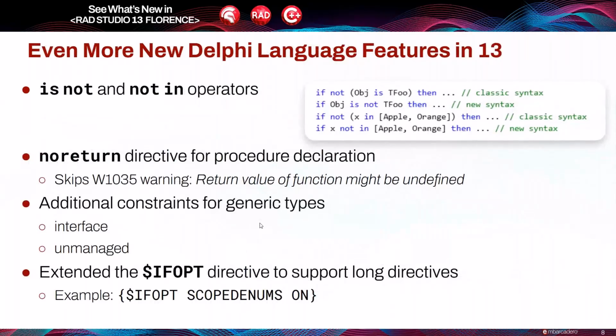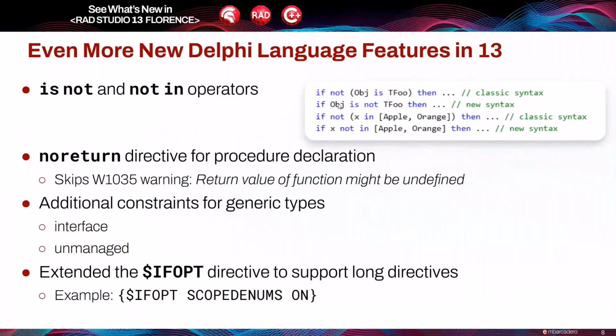More Delphi language features. We polished the not in and is not. So what we did is to make things more readable. For example, in the code snippet we see here, with the classic syntax, if you wanted to say is not, you had to negate the condition outside, which makes this a bit complex to read.